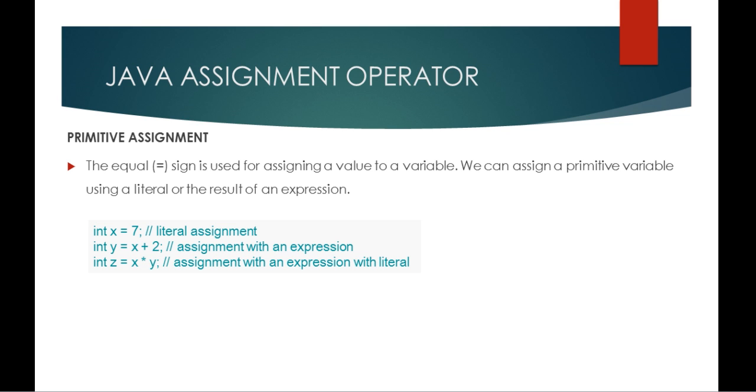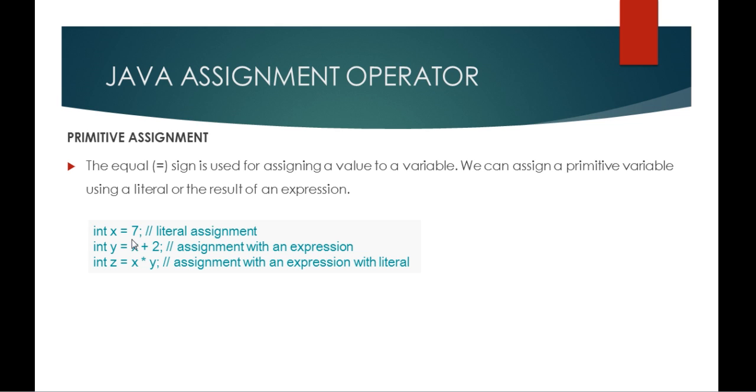Okay. We also had what we call the primitive assignment. So, the equal sign is assigning a value to a variable. We can assign a primitive variable using a literal or the result of an expression. So, in this example, we have this variable x with the value of 7.